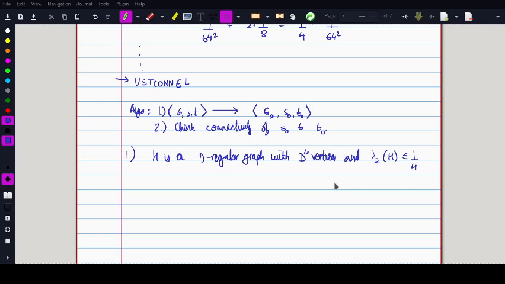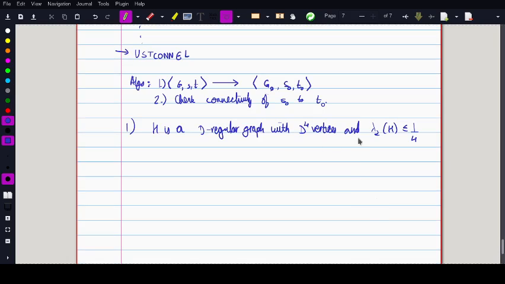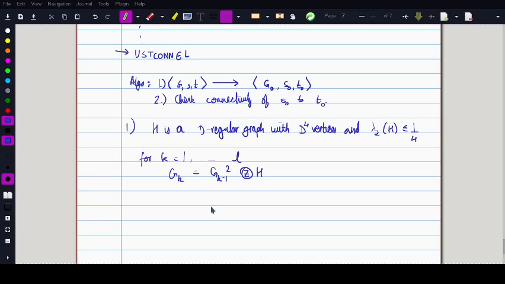So for some constant d, you have some constant graph H which is d-regular with d to the power 4 vertices and with this property. So what you do is, for k in 1 to l, you keep applying this. You do G_k equal to G_(k-1) squared, zigzag product with H. Then this is how you will construct the new graph.